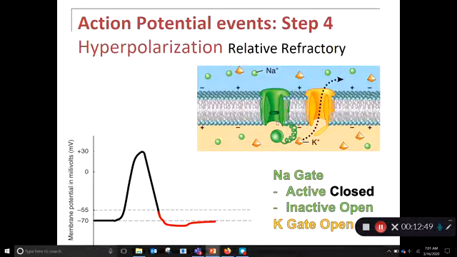Here's the problem though, you're fighting against something here. They are still letting out potassium, a very positive ion, which means that if you really, really want to do an action potential, you're going to have to fight against that loss of potassium, or just be patient and let the potassium gate finally close when it reaches that hyperpolarization point and closes up again.